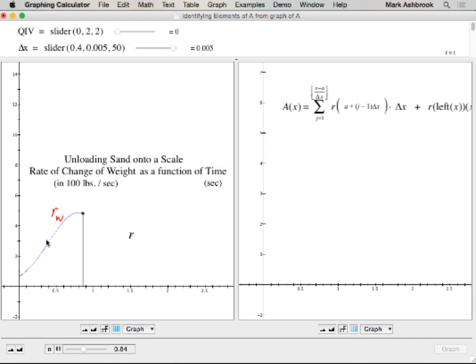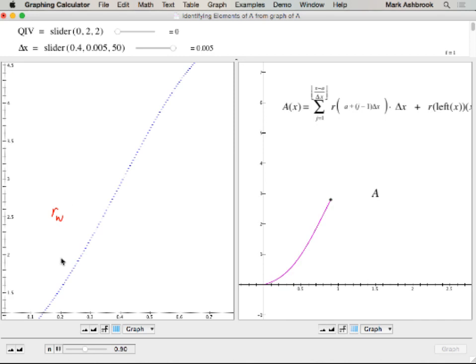So another way you can zoom in is you can hold the shift and make a box. There's still little constant rates, right? There's still little constant rates. This is for delta x of 0.005. So Eunice says it's good enough. Yeah, so basically you're going to get to a delta x that is so small that you can't tell the difference, right?